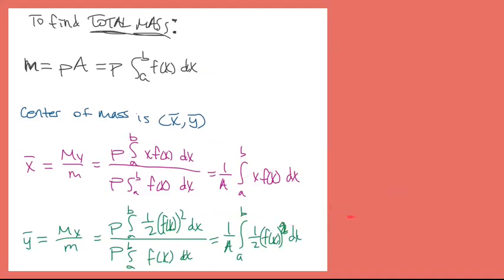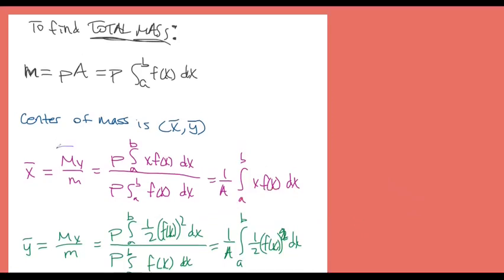The formula to find My is just this numerator right here: density, which looks like a letter P but is actually a Greek letter, times the integral of x times the function. That's how you find My. How do you find Mx? It's the same thing, but 1/2 times the function squared.